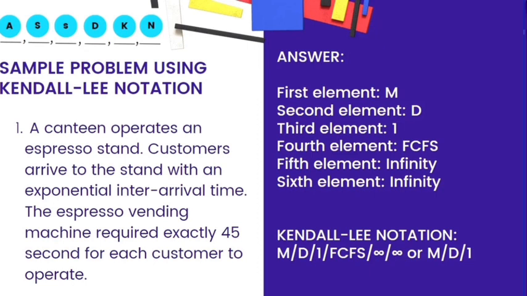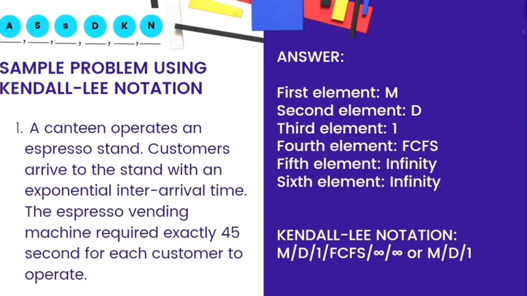For the fourth element, we have the queuing discipline, and we assume a first come first served situation, and that's FCFS. For the fifth element, we have the capacity of the queuing system. In this case, we don't have a finite capacity, hence we use infinity. Lastly, for the last element, we also have infinity, since the number of customers that may enter our system is likewise infinite.